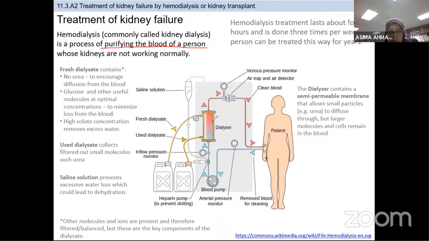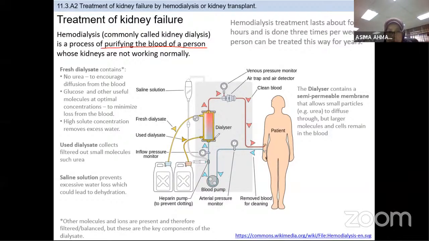Lepas tu, they akan encourage the exchange of substances. Alright, so meaning that when dialysate has no urea, patient's blood has a lot of urea, so that urea will move into the dialysate. You understand the concept? Faham tak? So dialysate ni no urea.